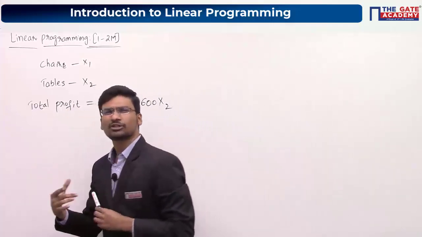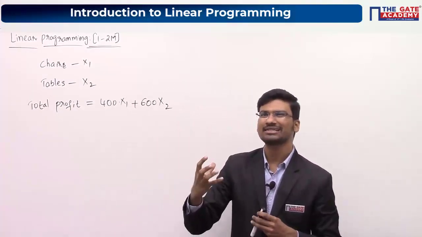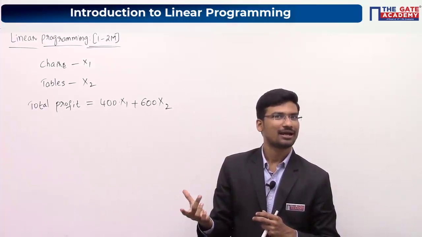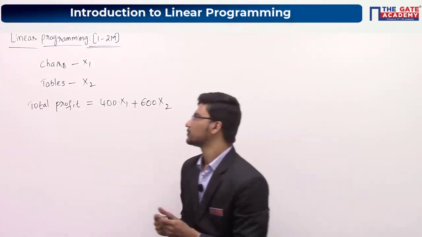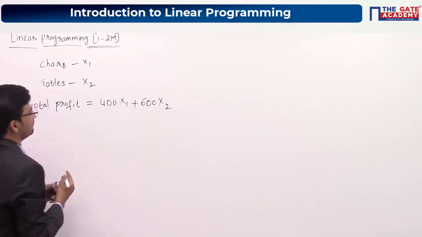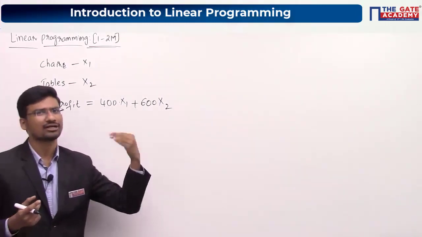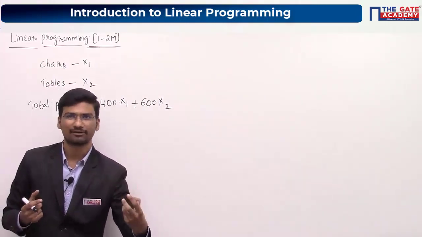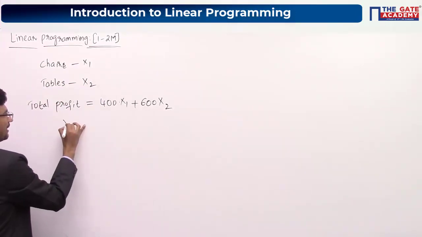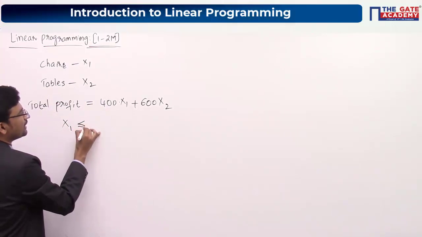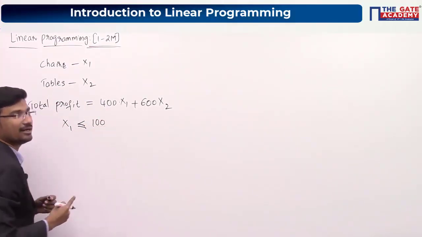Now we have one more statement, which is that raw material is sufficient to manufacture only 100 chairs and 80 tables, right? How can we write this in mathematical form? x1 represents the number of chairs, so it is limited to only 100.